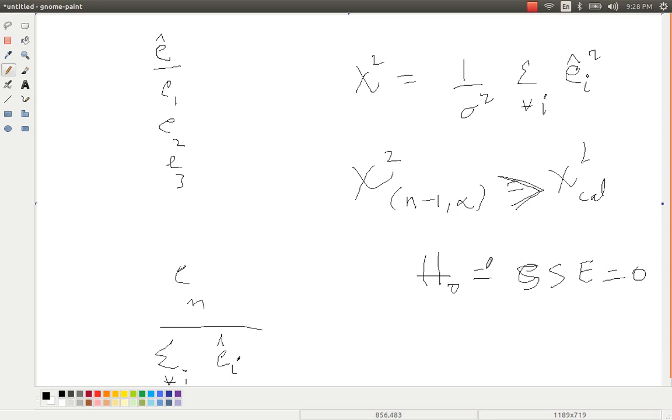So whatever we may calculate through the sample data, regardless of the sample data, the actual sum of the squared error in the population is 0, despite the value that we find from the sample. So this is the significance test for the error variable.